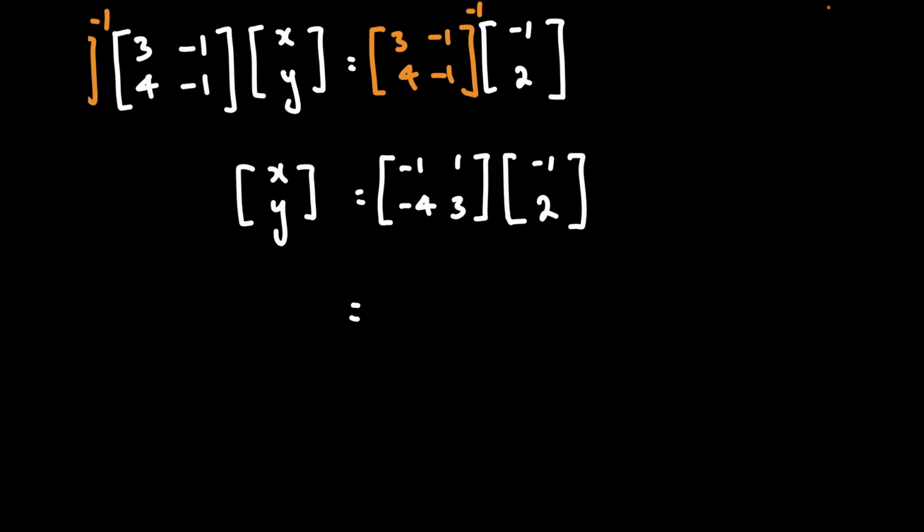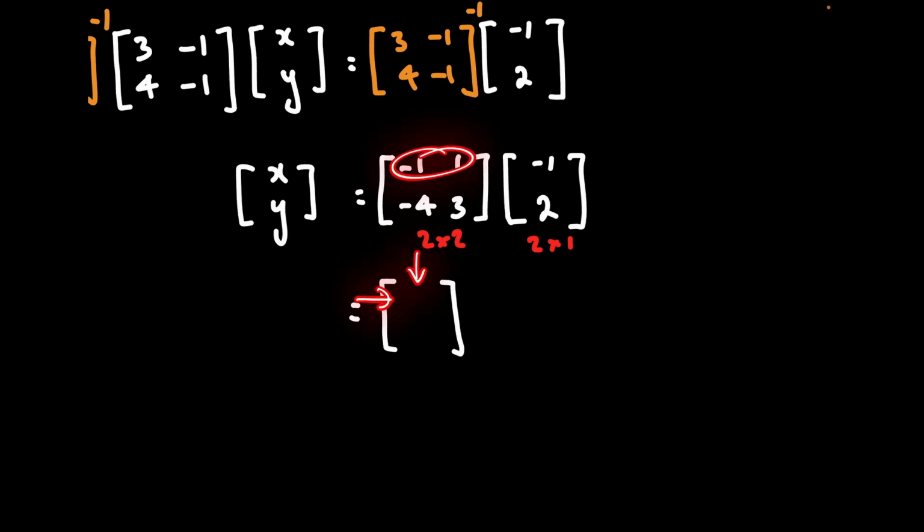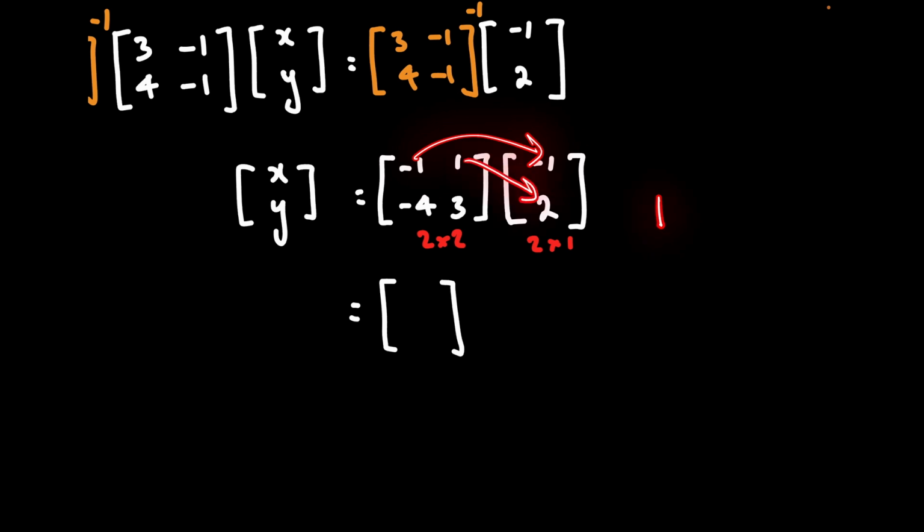If you don't know how to multiply two matrices, I do have another video which you can go watch. First we want to work out the dimensions. This is a 2 by 2, this is a 2 by 1, so the final matrix will also be a 2 by 1. For the first row, first column: -1 times -1 is 1, 1 times 2 is 2, so you get 3.